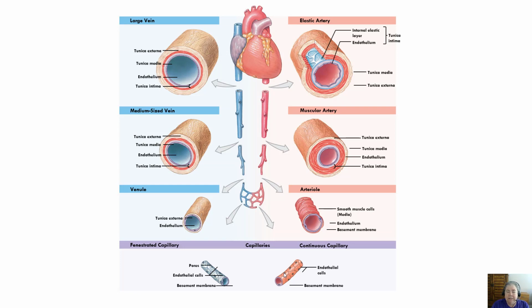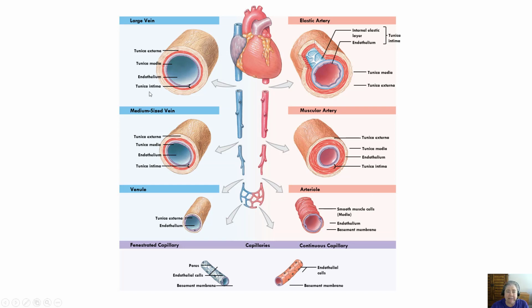There are capillaries that are continuous, and there are capillaries that are called fenestrated or sort of leaky, where there are small pores in the endothelial cells that allow freer movement of fluid in and out of the fenestrated capillary. Continuous capillaries, there is some diffusion of gases across the endothelial cells, but there's not a lot of movement of fluid. In fenestrated capillaries, there is.